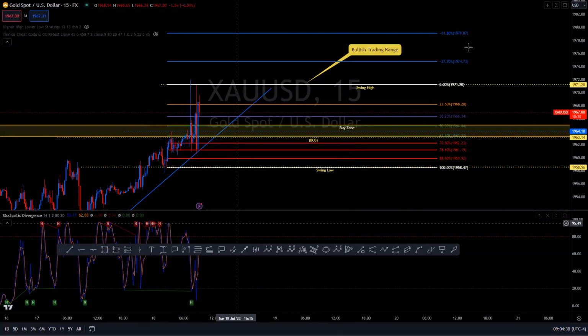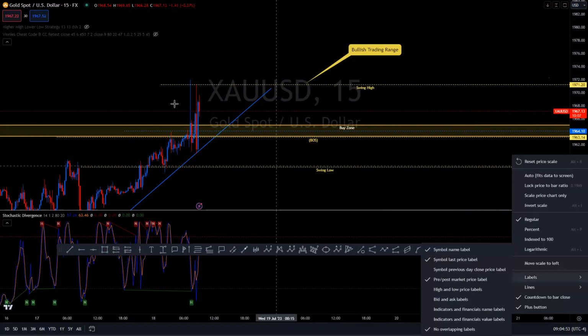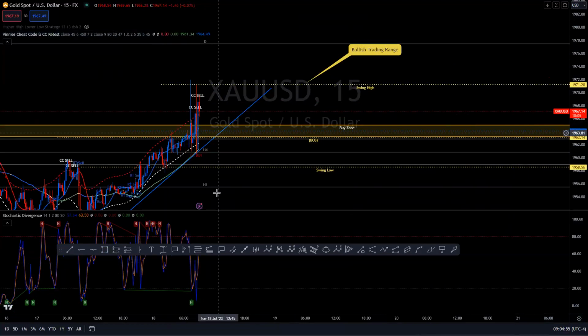Well, in reality, price could come down anywhere in this area and then decide to push on up. And that's probably what I'm going to really be looking for. But now let's turn on the cheat code indicator and see if everything lines up. Which it does.